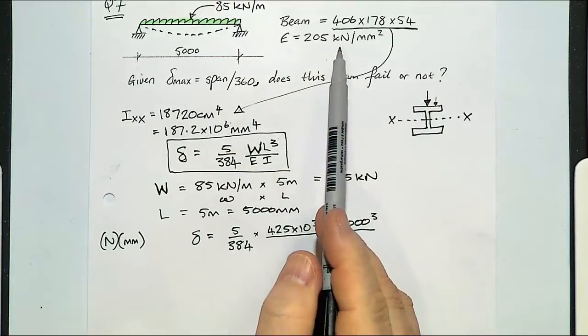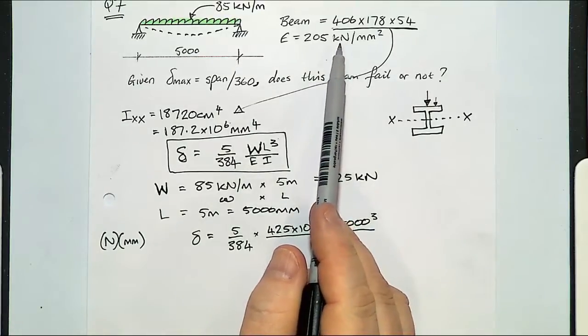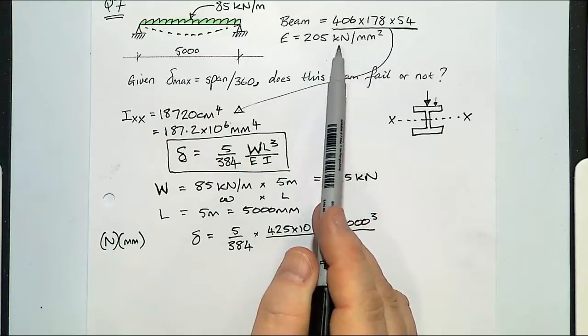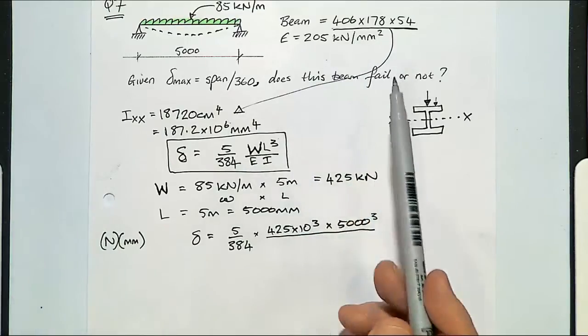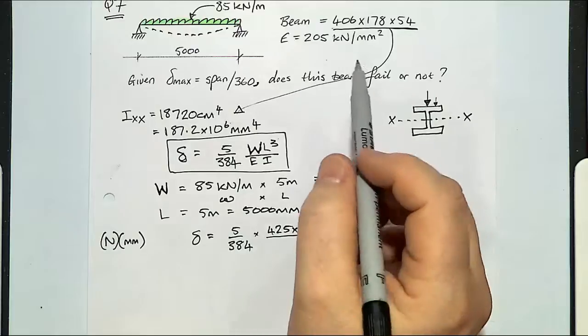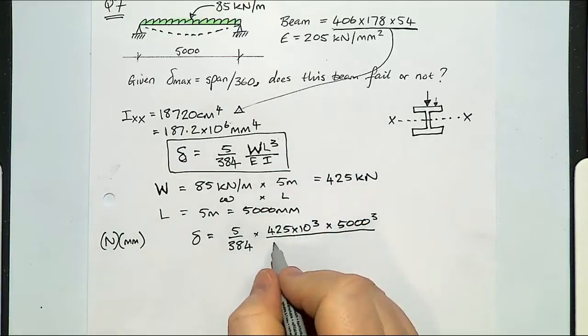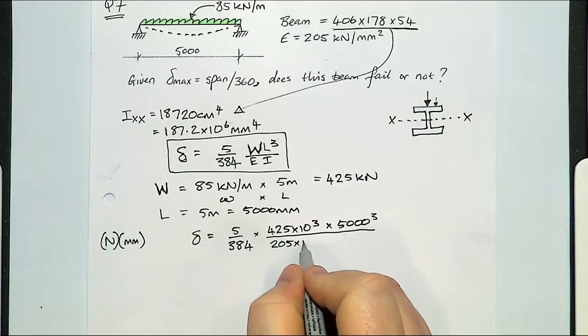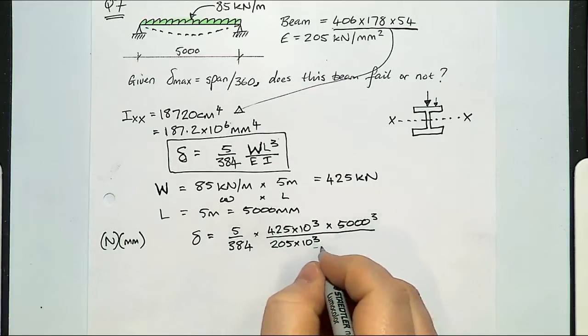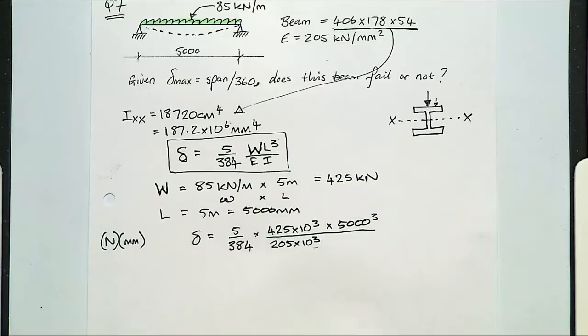Our E value is given in kilonewtons per millimetre squared, so we're going to change that kilonewtons into newtons. We're just going to times this 205 by 10 to the 3. That's to put it into newtons per millimetre squared.